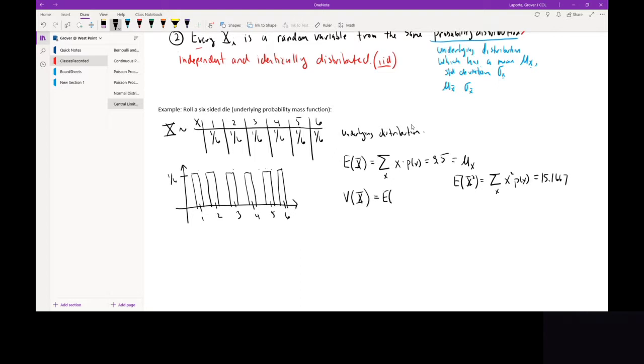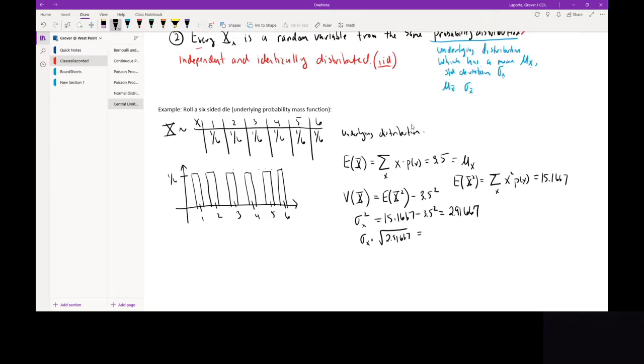Then we use the shortcut formula to find the variance: 15.1667 minus 3.5 squared. The variance would end up being 2.91667. So this is sigma x squared. And then to get sigma x, I take the square root of 2.91667.